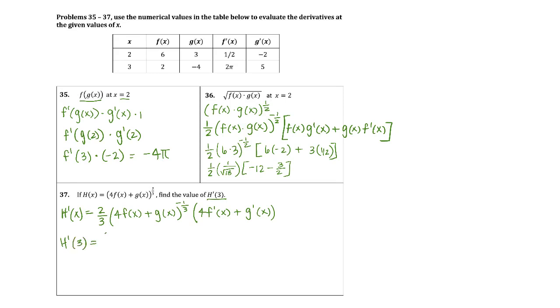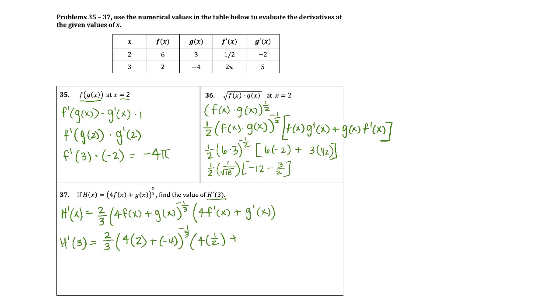Now we need to see, well, what is h prime at 3 equal to? And now we do our substitution. So we have 2/3 times 4 times, and we need f at 3. F at 3 is going to be 2, plus g at 3 is going to be negative 4, and all of that's raised to the negative 1/3 times 4 times f prime, so that's going to be 4 times 1/2. Remember that's different on y'all's.